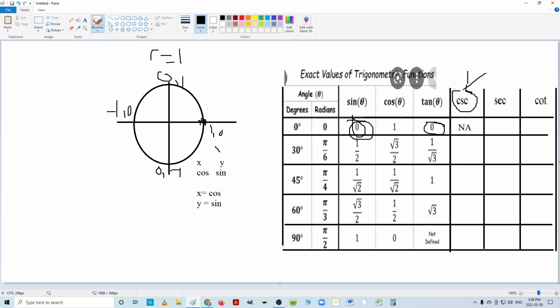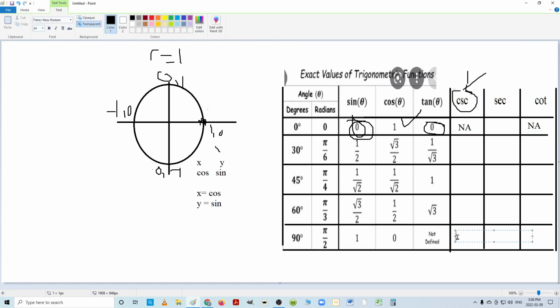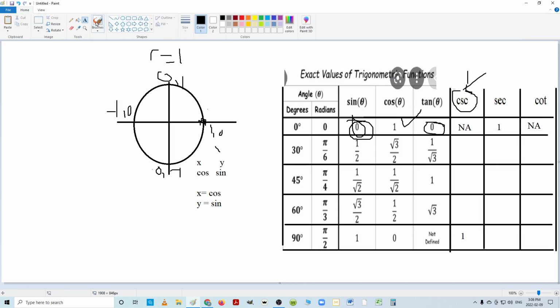Well, I can flip 1 upside down, no problem. That's going to be 1. But when I flip this upside down, I get 1 over 0. It cannot exist. And we discover that also for the 90 degrees, while the flip of sine to produce cosecant is fine. When I do this one, I get not valid.